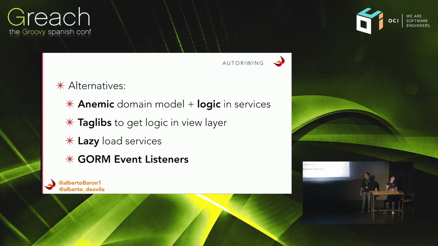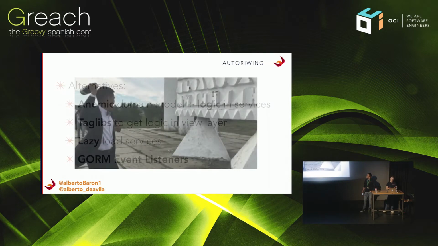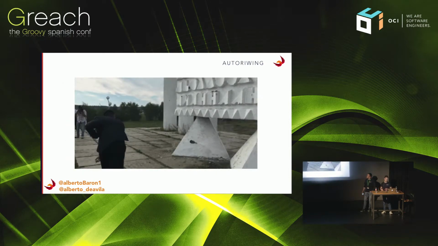Or use GORM event listeners, that is a new Grails 3 feature where you can create listener classes listening to events like save, update or delete to perform logical operations inside the listener. So be careful with auto-wiring.